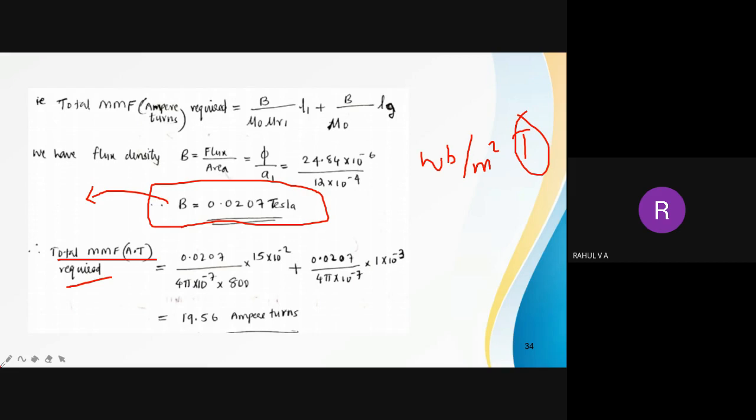The total MMF is equal to B divided by mu 0 mu R1 into L1 plus B divided by mu 0 into Lg. Okay, എല്ലാവർക്കും ആൻസർ കിട്ടിയോ?